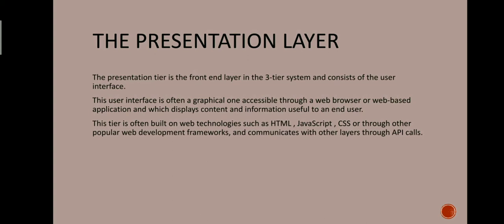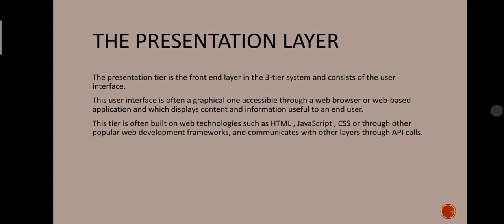This presentation layer is built on web technologies such as HTML, JavaScript and CSS, or other popular web development frameworks, and communicates with other layers through API calls. For example, if it wants to communicate with a middle layer or a database layer, it will use API calls.